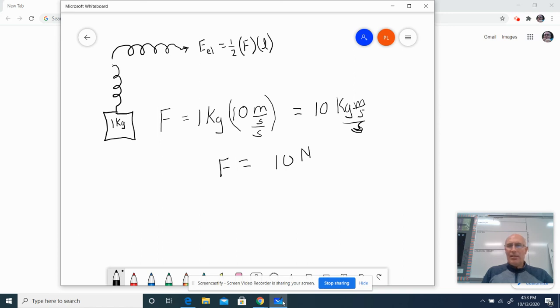What I've just shown you is the units that a newton really is. A newton, which we've been talking about as a force, is really made up of these units: kilogram meter per second, every second.